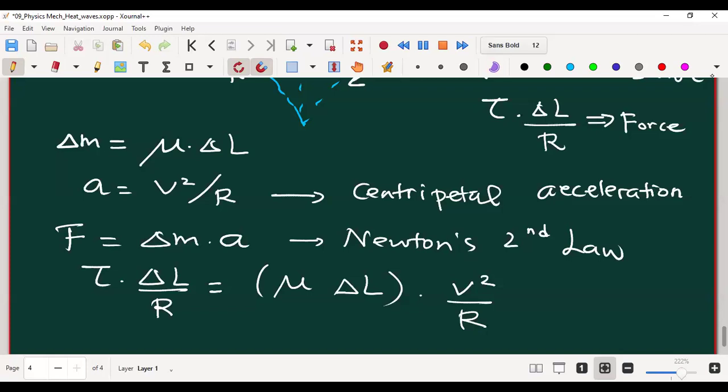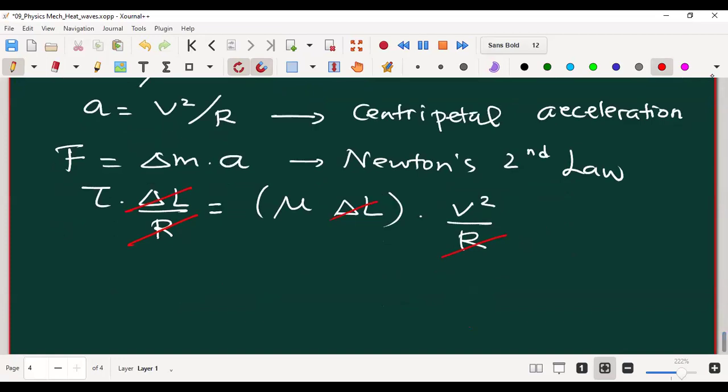Okay, so we can cancel the R, the radius here. And then delta L we can also cancel. So we will get v squared. This v squared is equal to tau divided by mu.